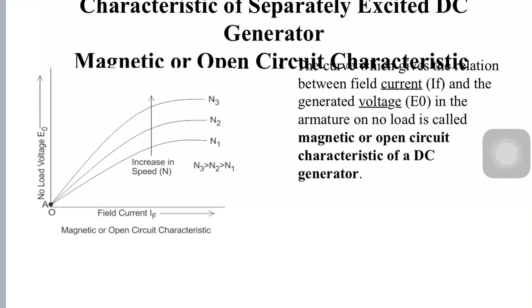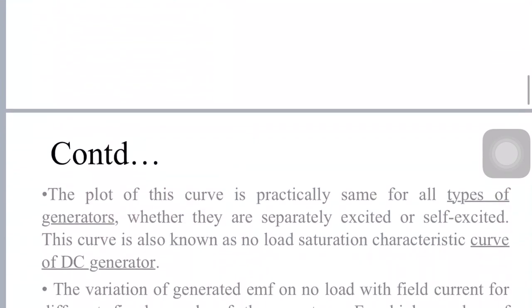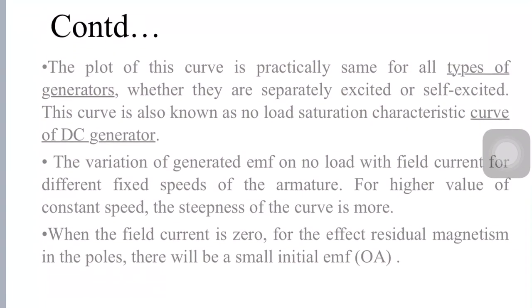The curve between the field current and the generated voltage E0 in the armature on no load is called the magnetic or open circuit characteristics of a DC generator. The plot of this curve is practically the same for all types of generators, whether separately excited or self excited.